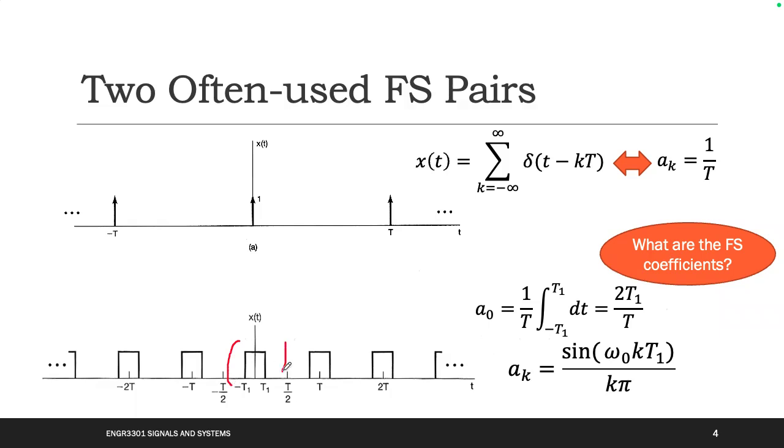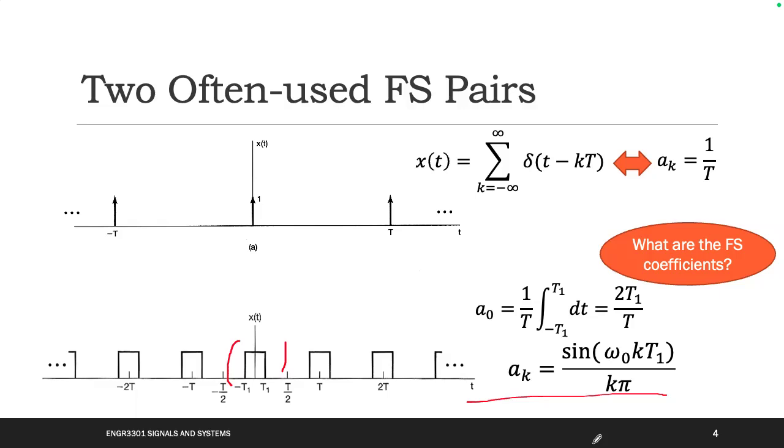But for some figures, the area is not always positive. It will be half positive, half negative, and you need to calculate the standard area. We will talk about that later. But just remember that for this signal, the FS coefficient is this one.